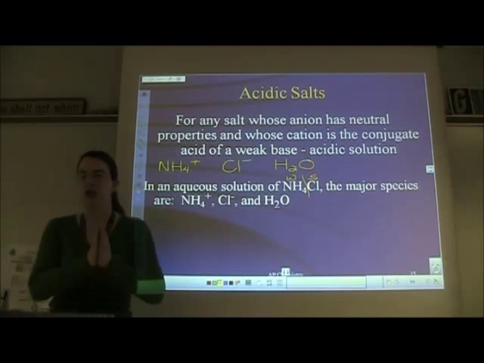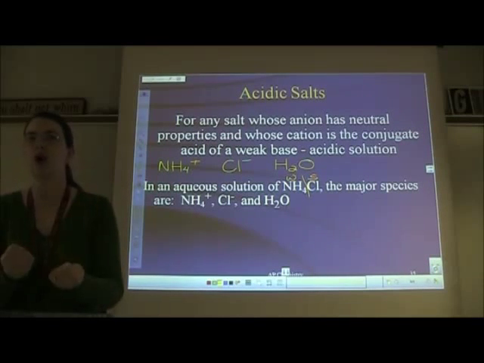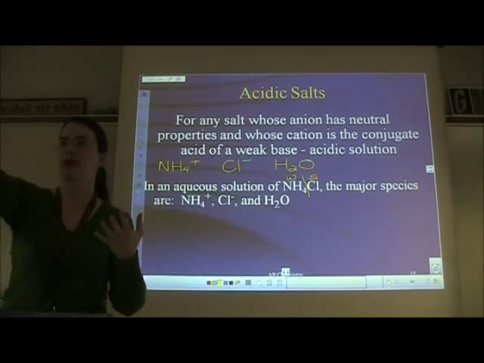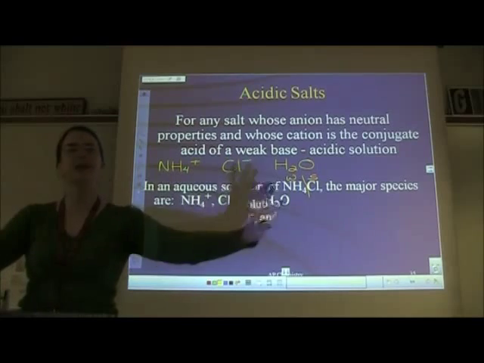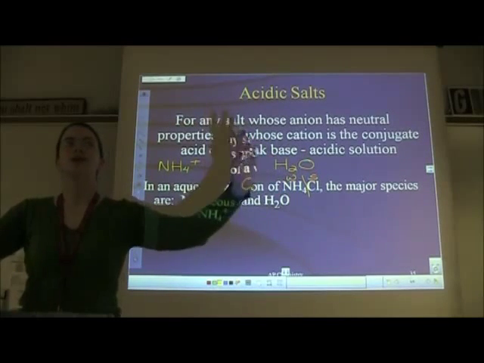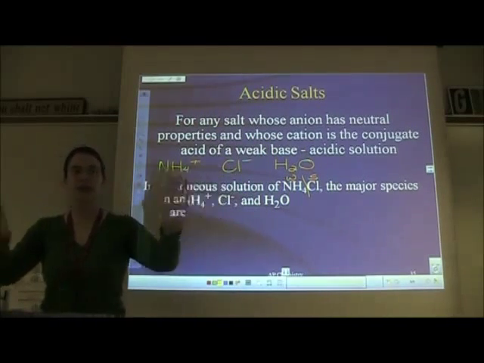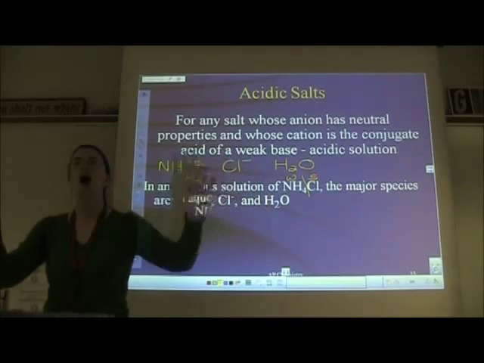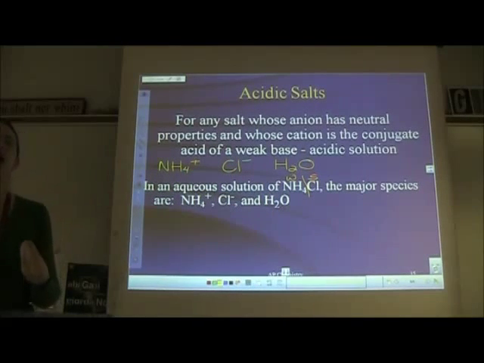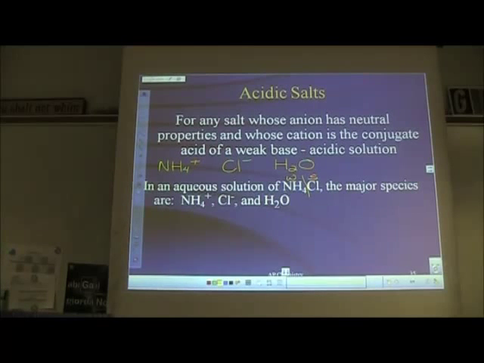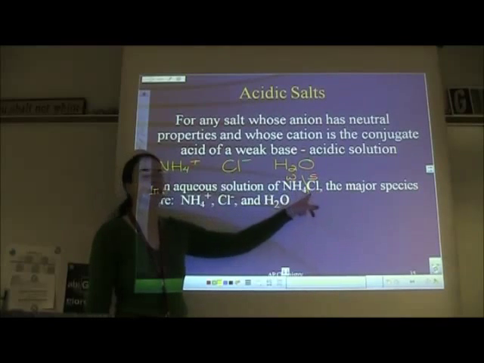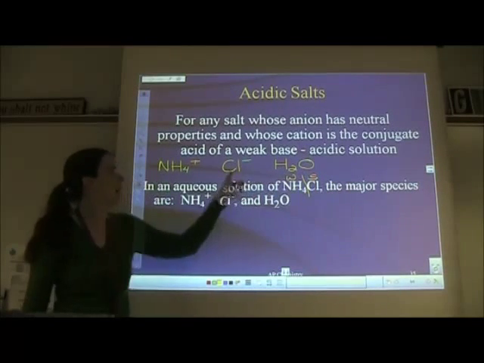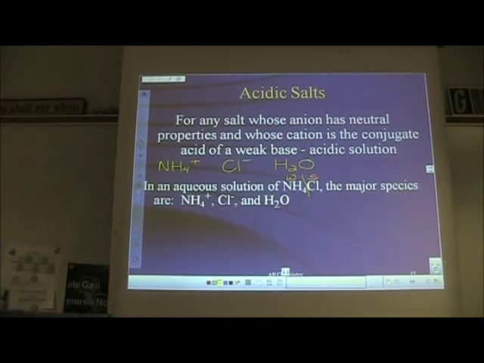What does it mean to be a strong acid or a strong base? Yes, sir? It fully dissociates. Okay, correct. Complete dissociation. Does that mean that strong things like to be together or apart? Apart. So strong things will not form. If you have an S over one side of your salt, that ion will not react.